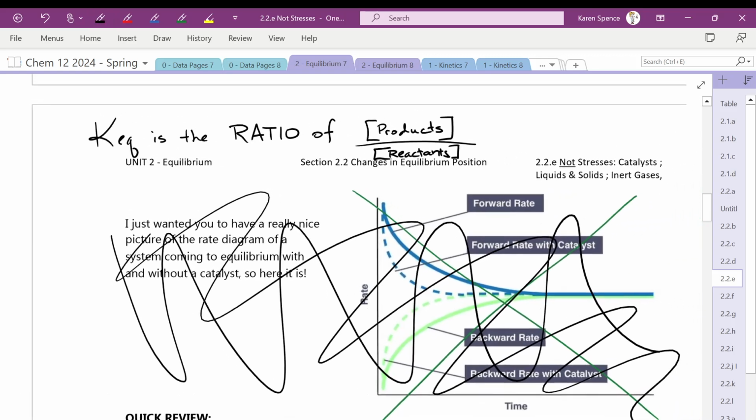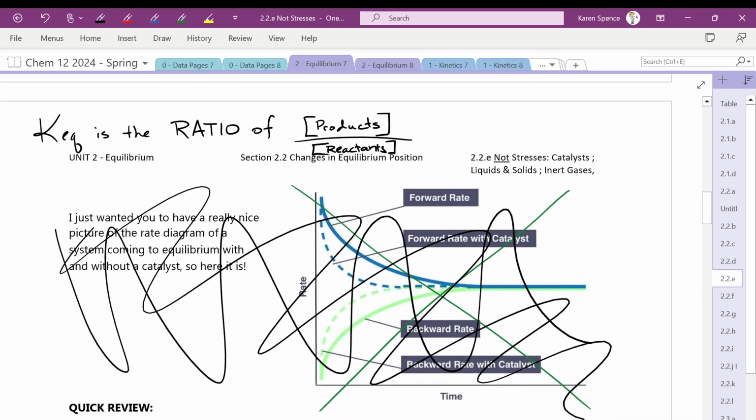This ratio is constant as long as you don't change the temperature. That's why it's called the equilibrium constant.